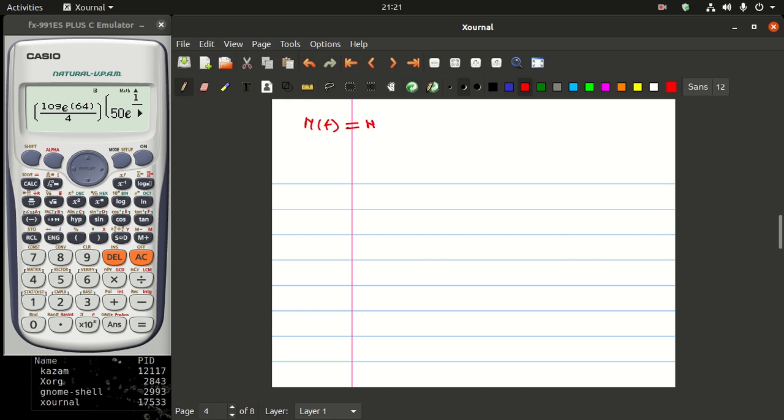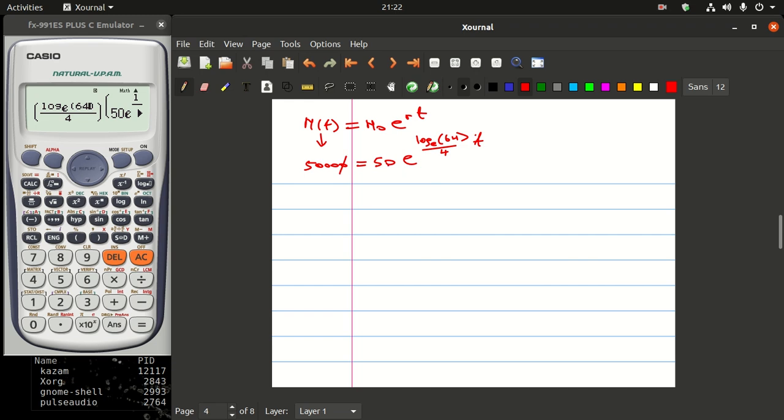So we want to have n naught e to the rt. This one is given to be 50,000, and this one we found to be 50, and then we have e, what is our r there? Our r we found to be log e 64, and then you divide by 4, and then our t is what we are looking for.